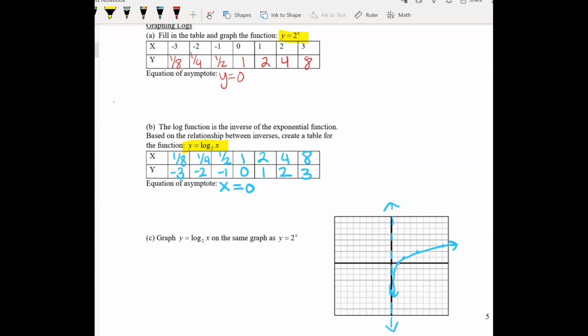And this is the reflection of that exponential curve over the line y equals x. To see that better, we will actually put the exponential curve on here as well. So there's the asymptote at y equals 0, then 1/8, negative 3; 1/8, negative 2; 1/4, negative 1; 1/2, 0; 1, 1; 2, 2; 4, and 3, 8.